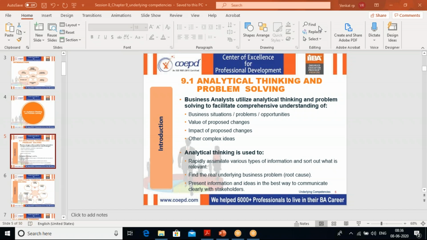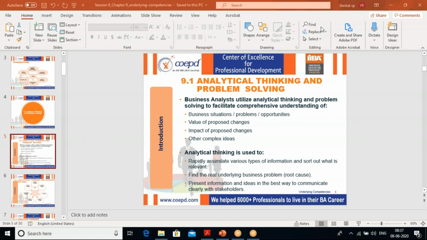For all this, what we actually require is analytical thinking and problem solving skills, because we need to understand the business situations, the problems and opportunities, the value of the proposed changes, the impact of the proposed changes, and the relationship between the requirements, needs and the solutions.